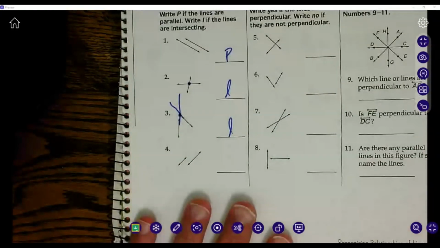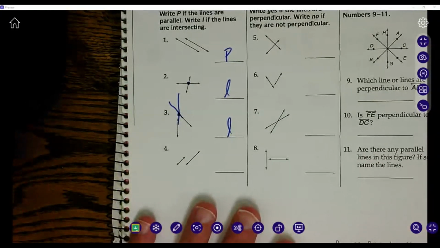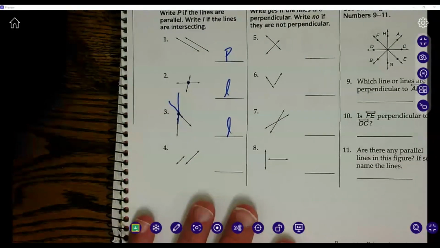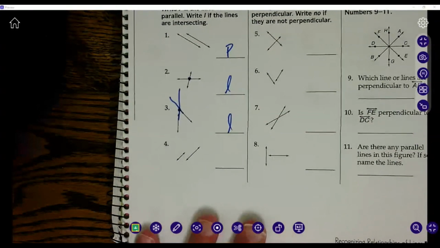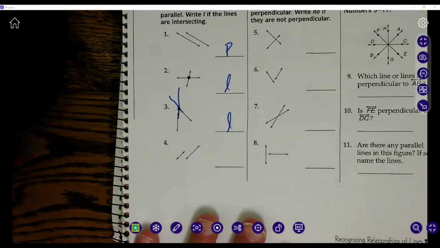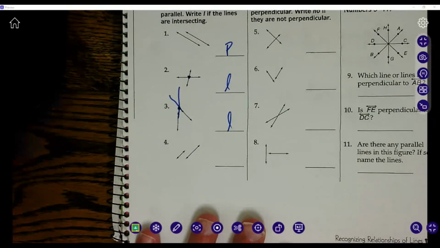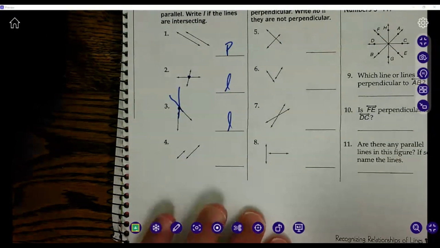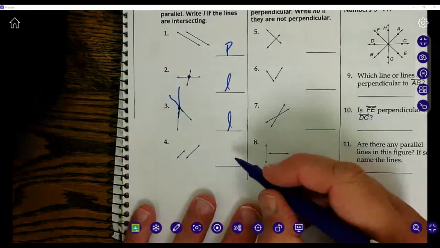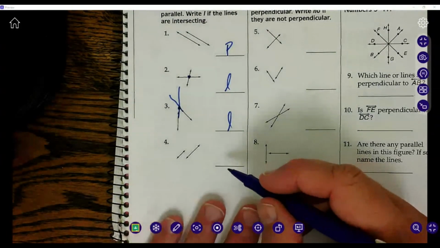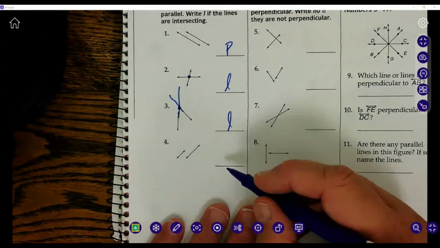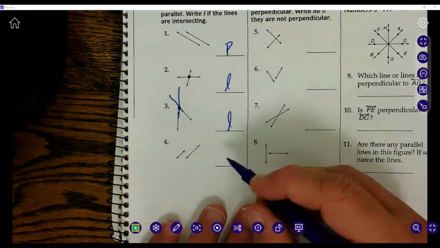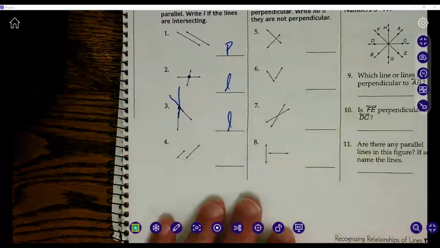How about number 4? Those lines look like they're going to be parallel or intersect. P for parallel, L for intersect.